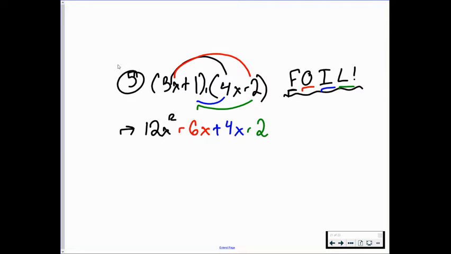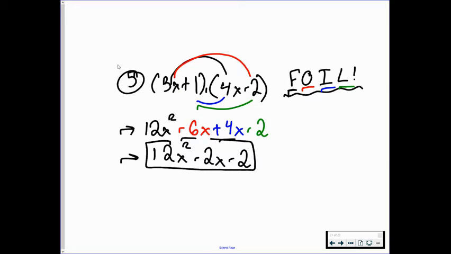Now that we've multiplied, I'm going to go ahead and combine like terms together to simplify this. 12x squared does not have any other like term, so I'm going to leave it 12x squared. -6 plus 4 combines together to make -2x. And the -2 at the end here does not have a like term. So that is the simplified form of that expression.